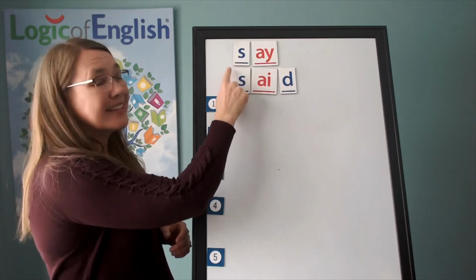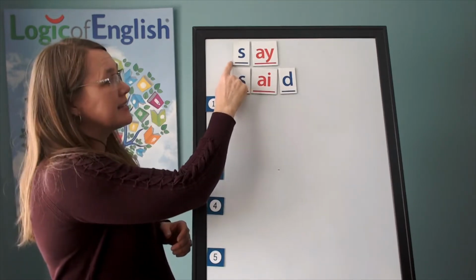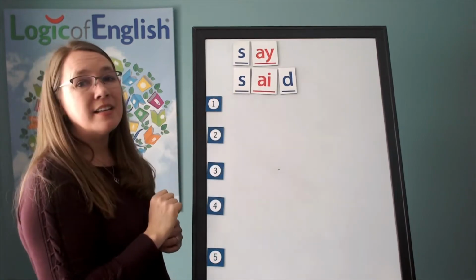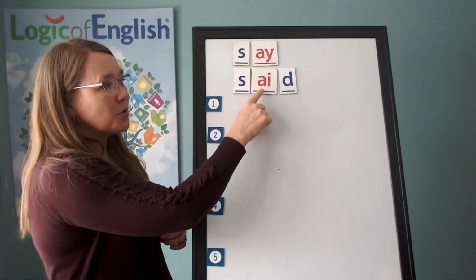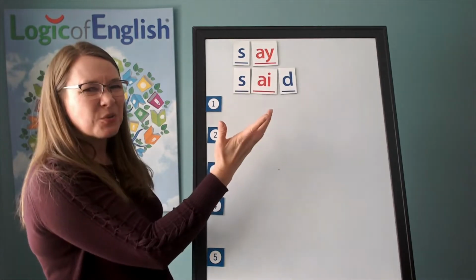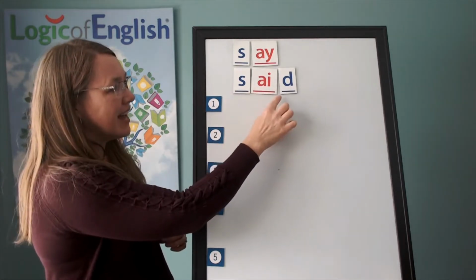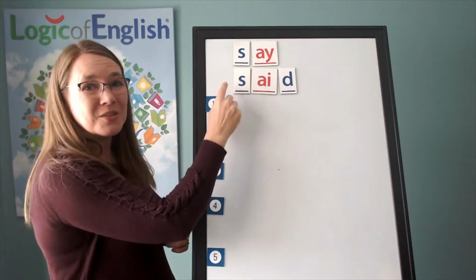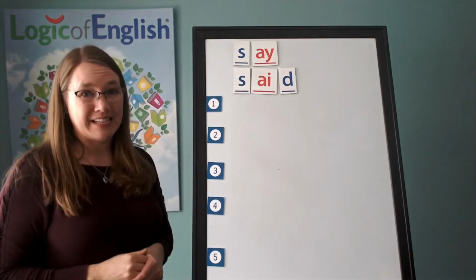So these are related in meaning. I say that's a good idea. I said that's a good idea. And so even though this doesn't make the right sound, we say said, not said, we've kept the spelling so that they look like they're related.